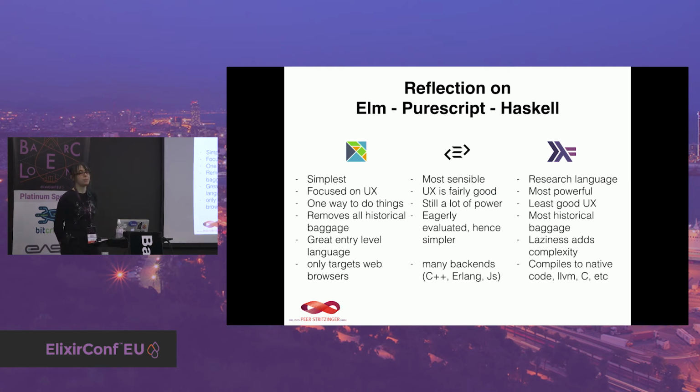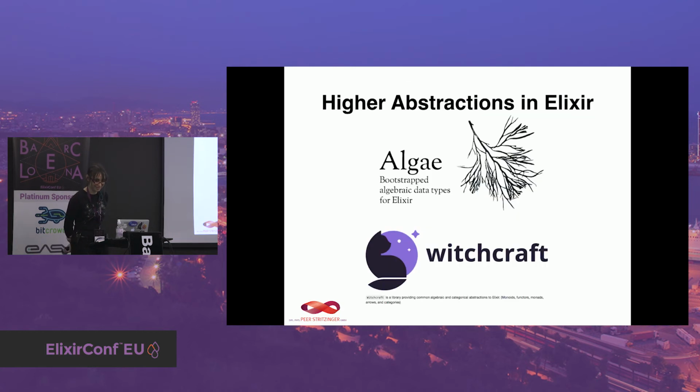And they also have a bit of a difficulty with getting rid of historical baggage because Haskell is pretty old and it's hard to change things without breaking everyone's code. And also laziness adds complexity, as I say. It's very useful in some cases, but you pay for it all the time. In Haskell, you have to reason about it. And that is it. My reflection is done.